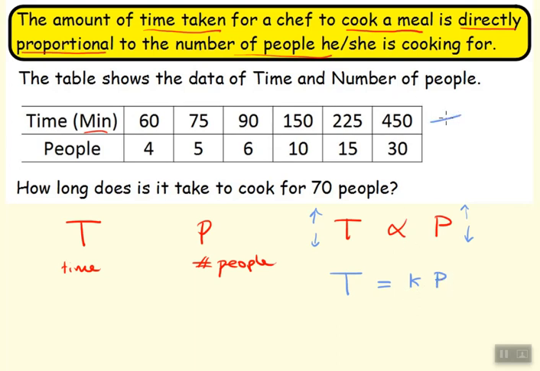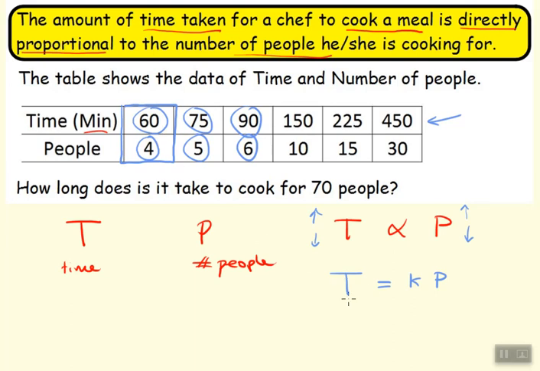Now in this table, we're given some data for the time it takes to cook for so many people. The time it takes to cook for 4 people is 60 minutes, 5 people, 75, 6, 90, and so on. I'm just going to use the first column to work out a formula for how T and P are connected.